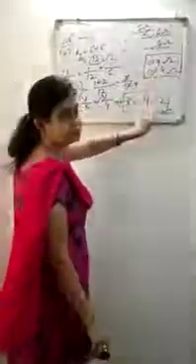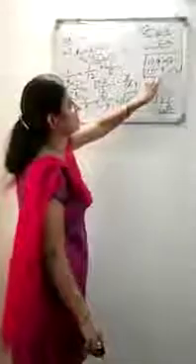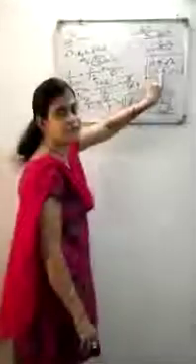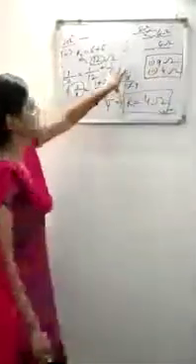Now take the reciprocal of both sides, so R is equal to 4 ohm. According to the second part, our resultant resistance will be 4. So this connection is correct.